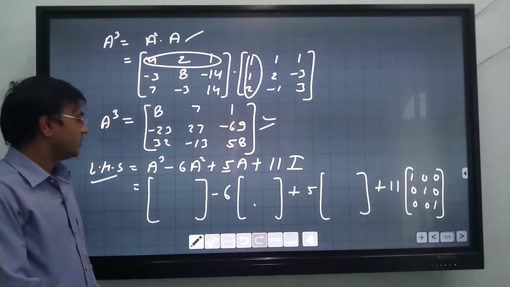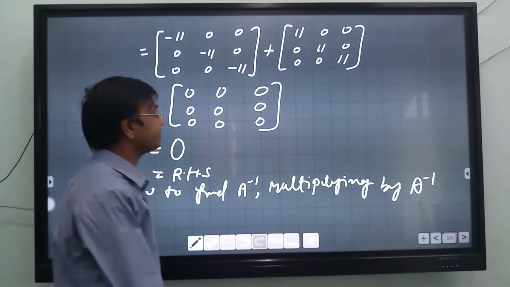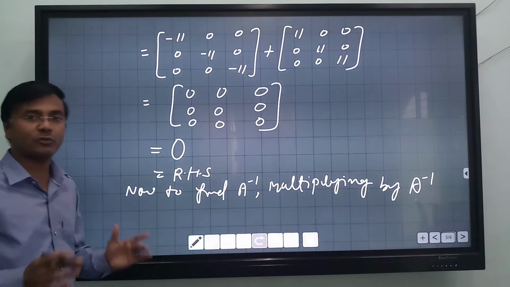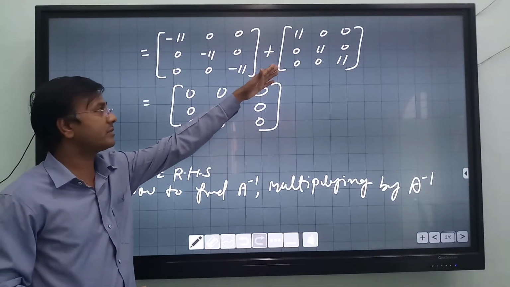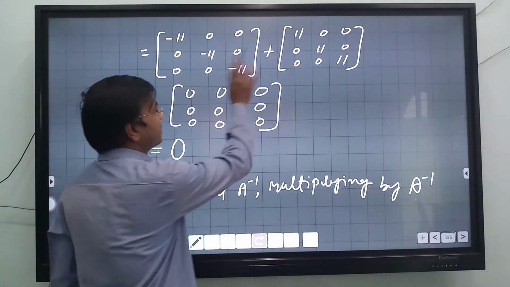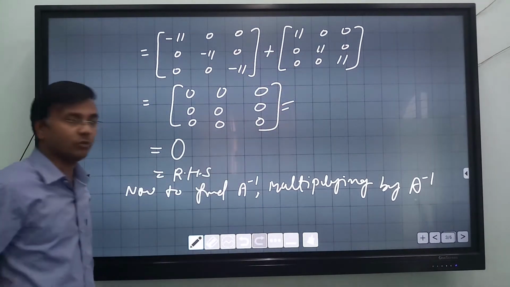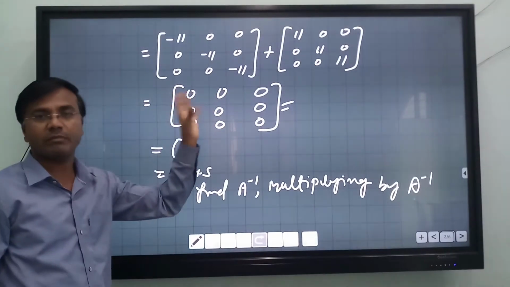Now in the next step, after simplifying, I have solved in two parts, first 3 matrices and the last 2 matrices. You will get these two, and after adding you will get 0 0 0. I am sure that you will have 0 0 0 elements.